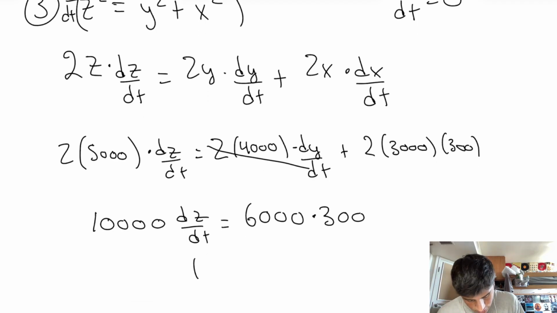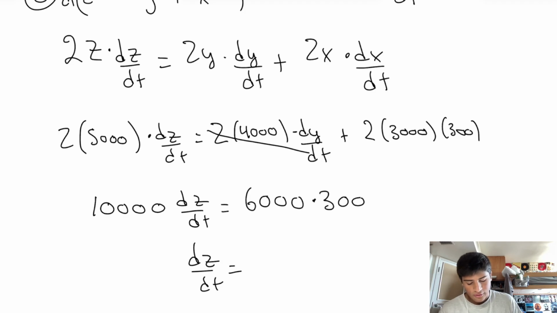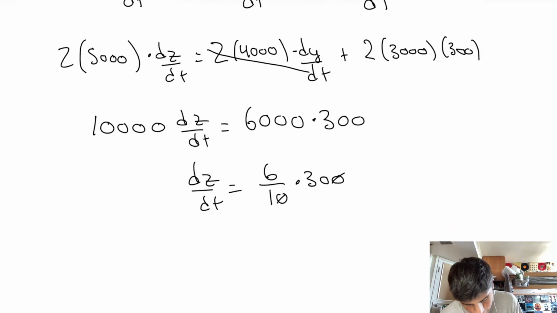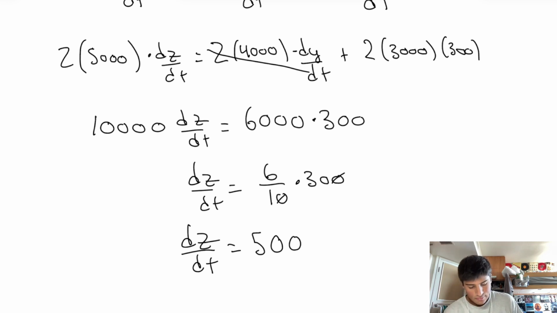We can do dz over dt equals 6,000 divided by 10,000. It's just 6 over 10 times 300. We can get rid of a 0 from the top and the bottom, and we get dz over dt equals 6 times 30, 500 meters per second.